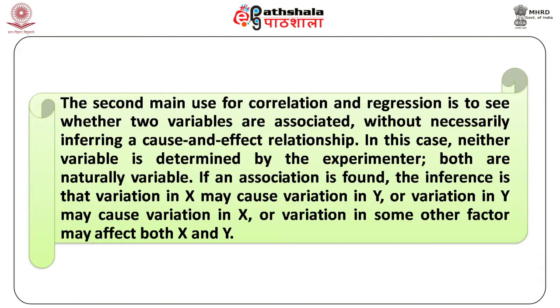In this case, neither variable is determined by the experimenter; both are naturally variable. If an association is found, the inference is that variation in x may cause variation in y, or variation in y may cause variation in x, or variation in some other factor may affect both x and y.